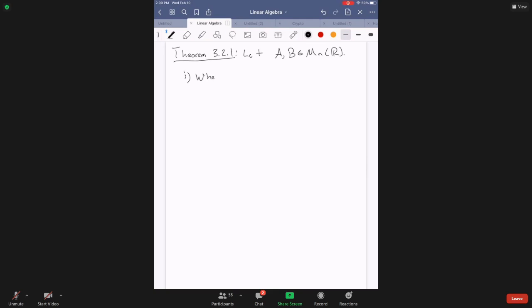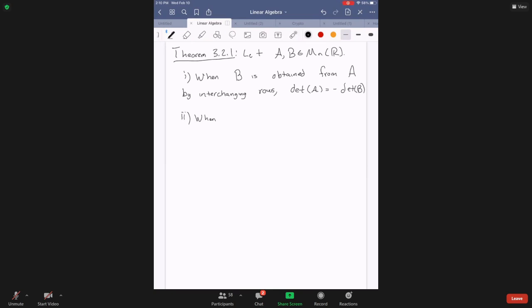When B is obtained from A by interchanging rows, then the determinant of A is equal to the negative of the determinant of B. Okay, so a minus sign always comes out when you interchange rows. Okay. Rule 2.